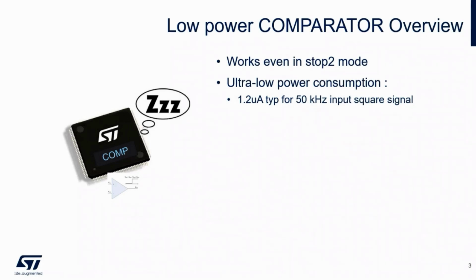Here you see that it's a component that can work even in Stop 2 mode. It has an ultra-low power consumption. You have the complete performance of this component in the datasheet. For example, if you send a 50 kilohertz input square signal to it, you have a typical consumption of 1.2 microamperes.